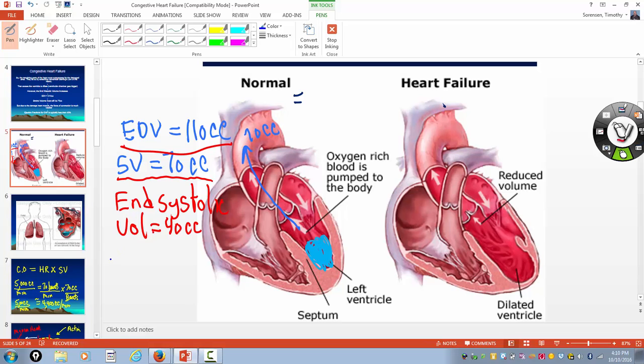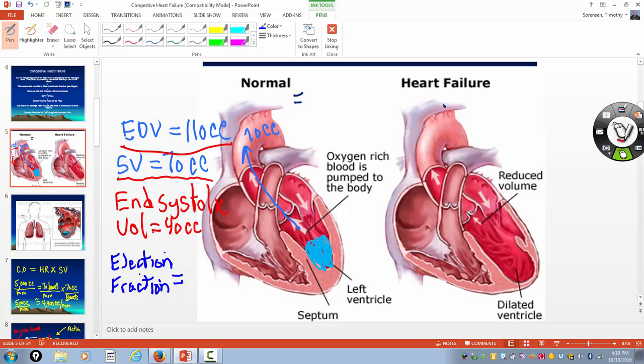So what they look at is what's called an ejection fraction. That looks at the overall functioning of the left ventricle, actually all the valves and chambers, but we're more interested in the left ventricle.